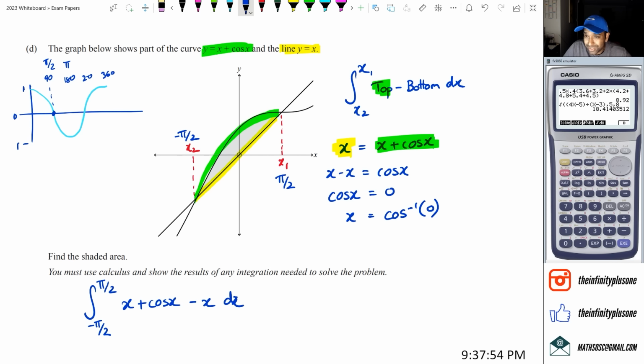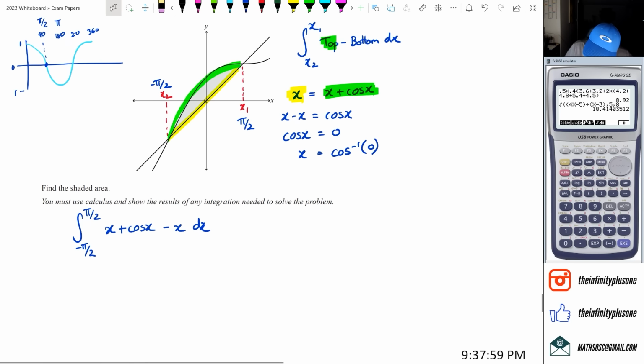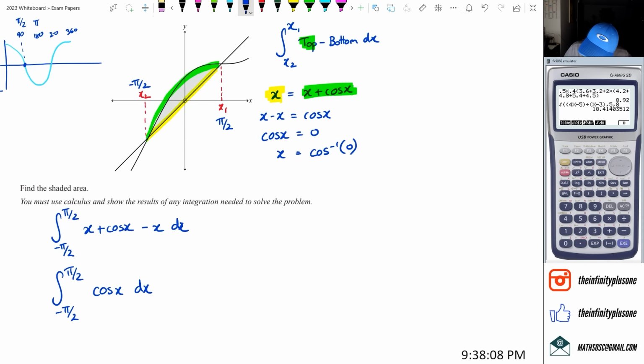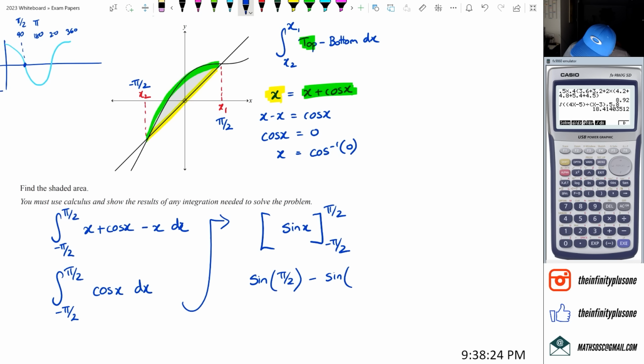The integral part is actually not too bad, because we're left with the integral between pi over 2 and negative pi over 2 of cos x dx. Integrating cos x gives sine x, between pi over 2 and negative pi over 2. So we've got sine of pi over 2 minus sine of negative pi over 2.